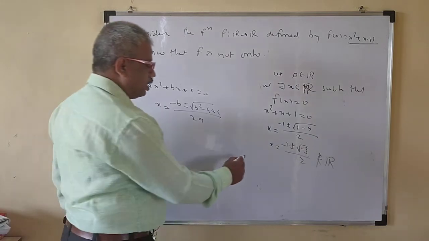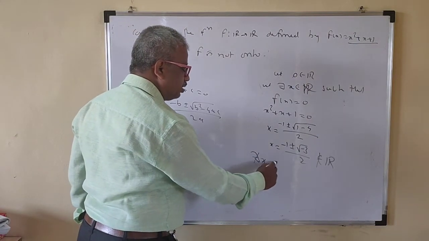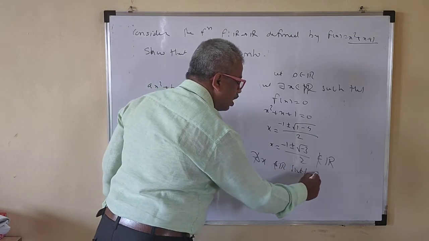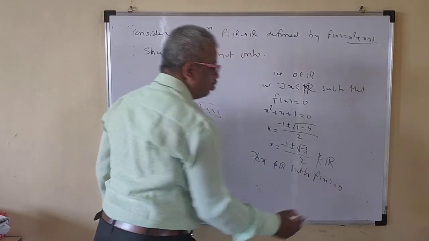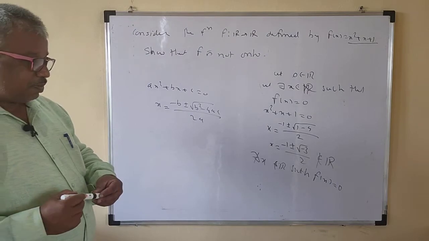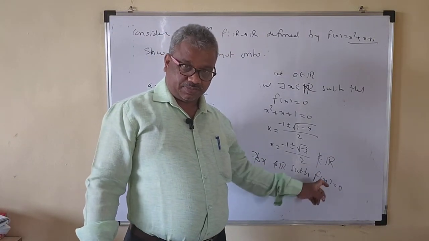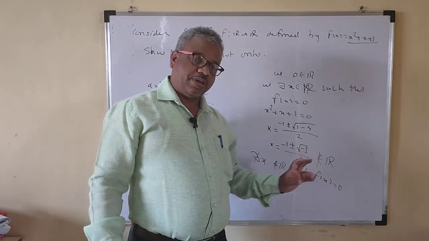So that means there does not exist any x belonging to R such that f of x is equal to 0. This x does not exist. That means 0 has no pre-image. Right?